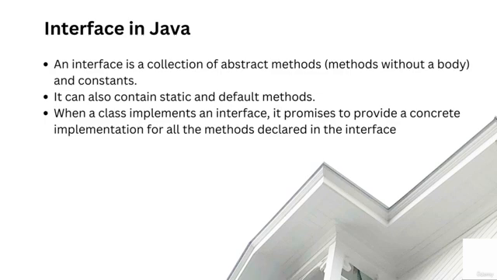Interfaces cannot be instantiated just like a class. They can only be extended by another interface, or they can be implemented by a class. If a class decides to implement an interface, then it needs to implement all the methods of the interface. Let's see an example.